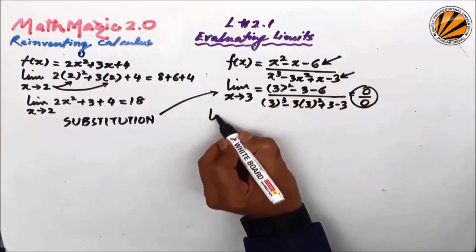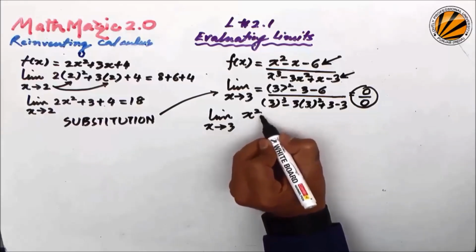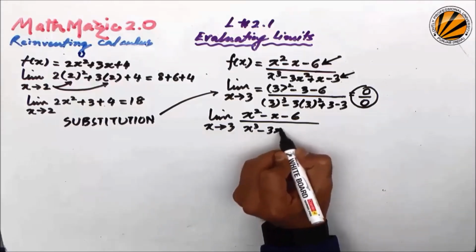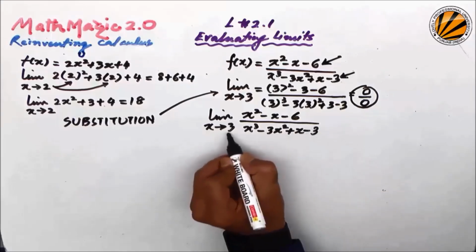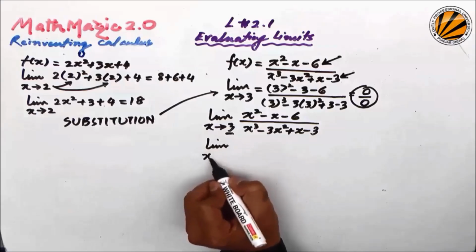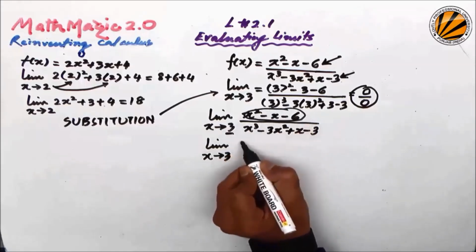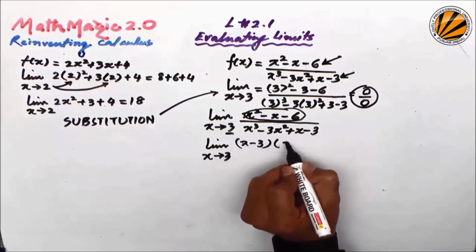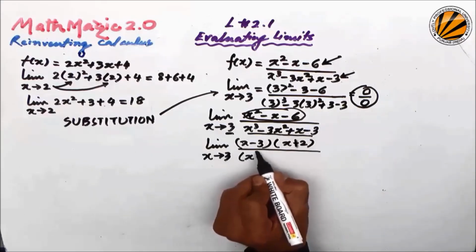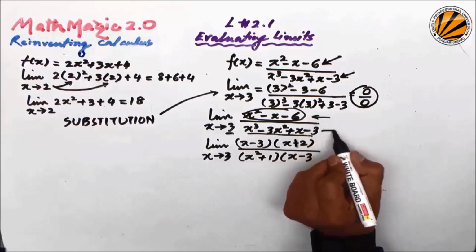We can put it in a fashion that the limit when x is approaching 3 of x square minus x minus 6 by x cube minus 3x square plus x minus 3 can be rewritten. The numerator can be factorized into x minus 3 and x plus 2, divided by the denominator, which can also be factorized to x square plus 1 and x minus 3. Now we have factorized the numerator and we have also factorized the denominator.